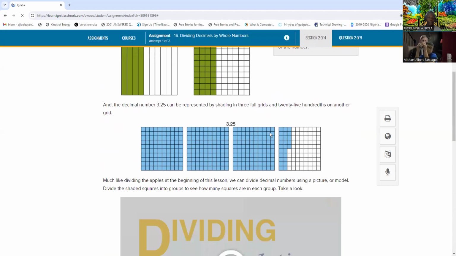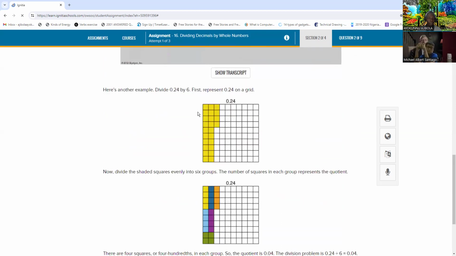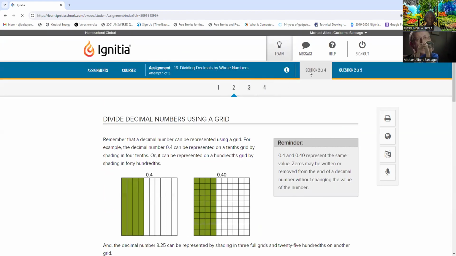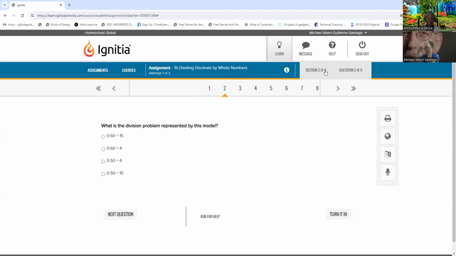Well, let's try to see whether it works with any of this model. This one is 0.24 divided by 6. So let's check if there's any question that has 0.24 divided by 6. This is 0.42 divided by 6. Let me check it again.